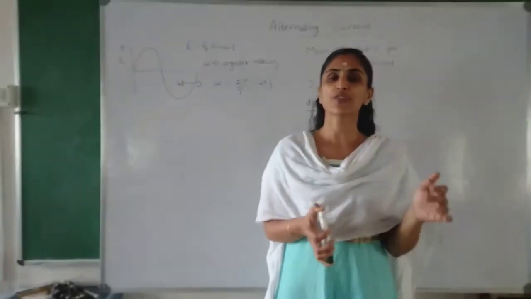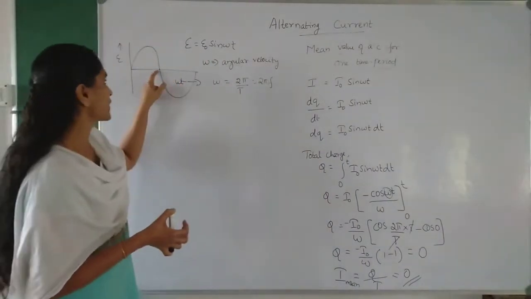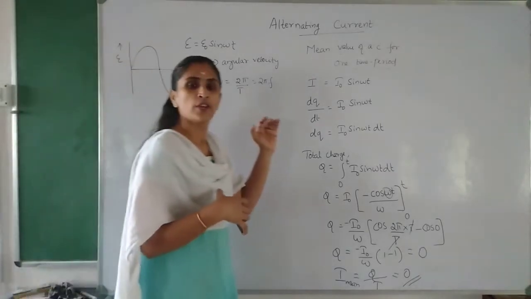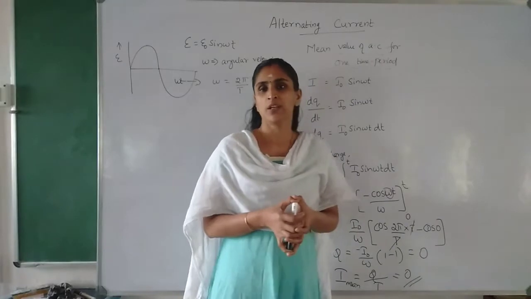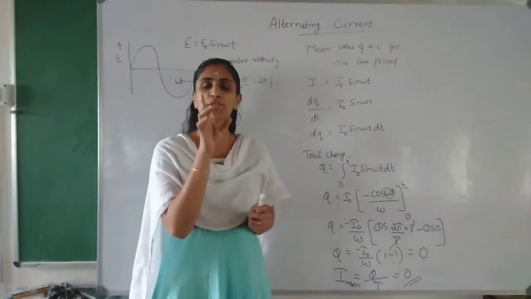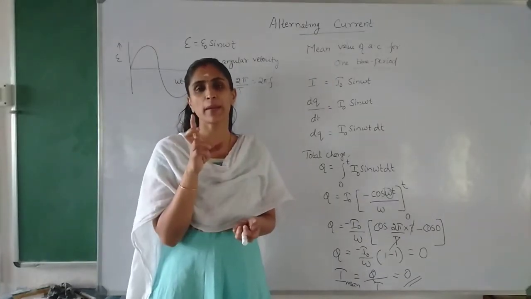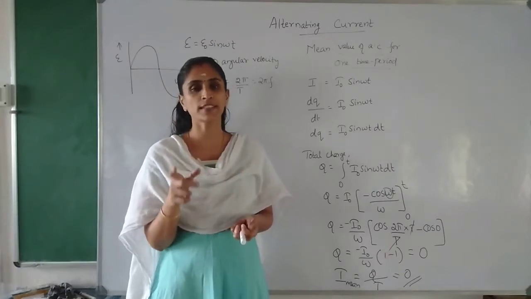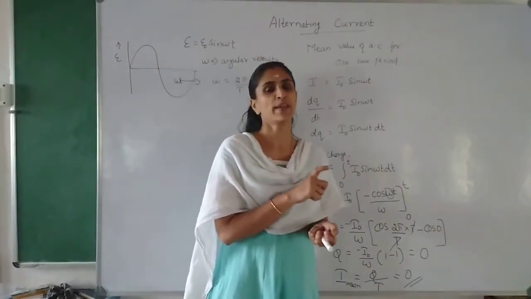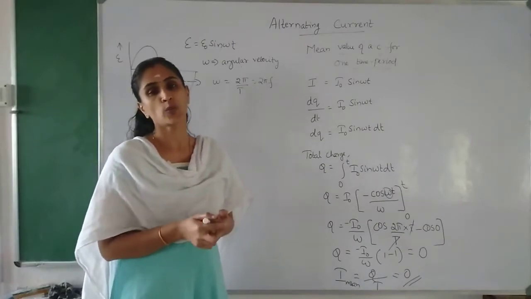But in the case of AC, after every half cycle the direction gets reversed. So when we use normal ammeters or galvanometers to measure the current, even though the pointer will move, because of persistence of vision it appears to be stationary for us. That's why normal ammeters cannot be used to measure AC current, and there we use hot wire ammeters.